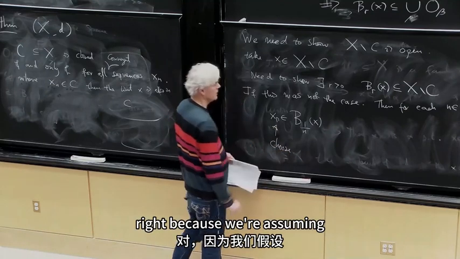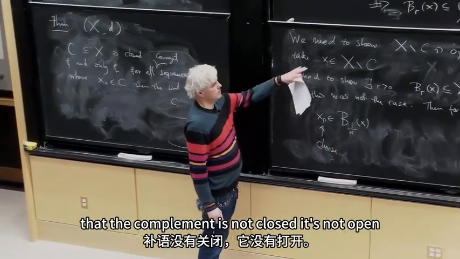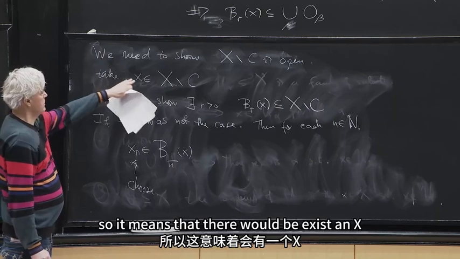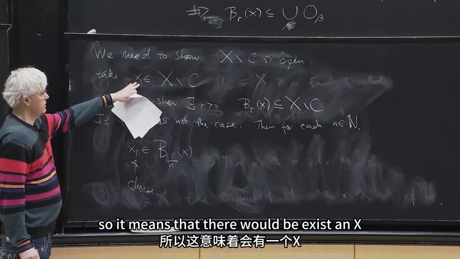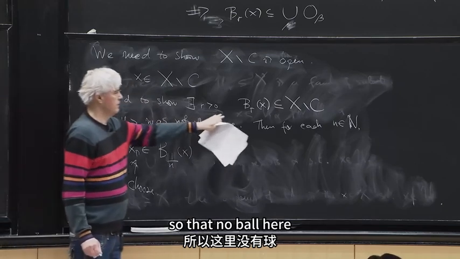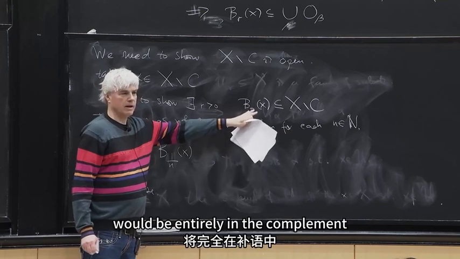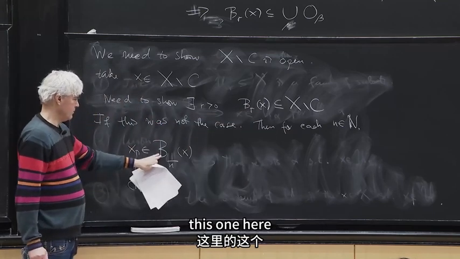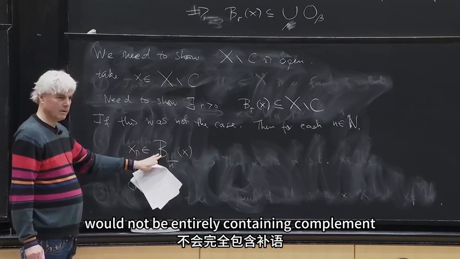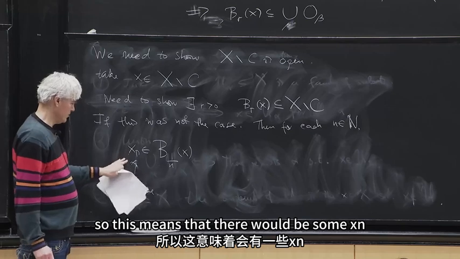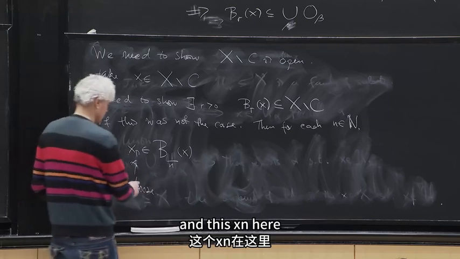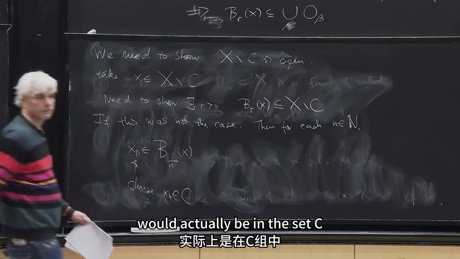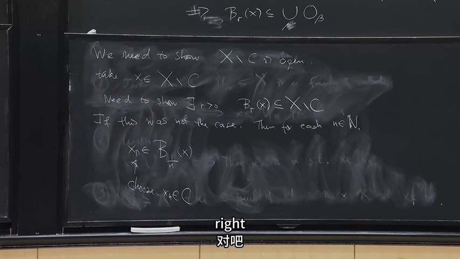right? Because we are assuming that the complement is not closed, it's not open. So it means that there exists an x so that no ball here would be entirely in the complement. So this one here would not be entirely contained in the complement. So this means that there would be some xn, and this xn would actually be in the set C, right?